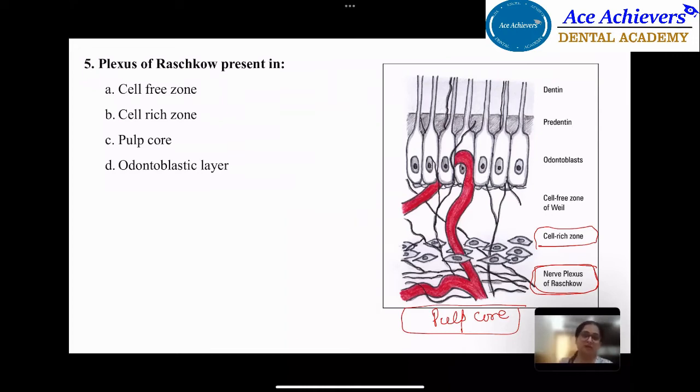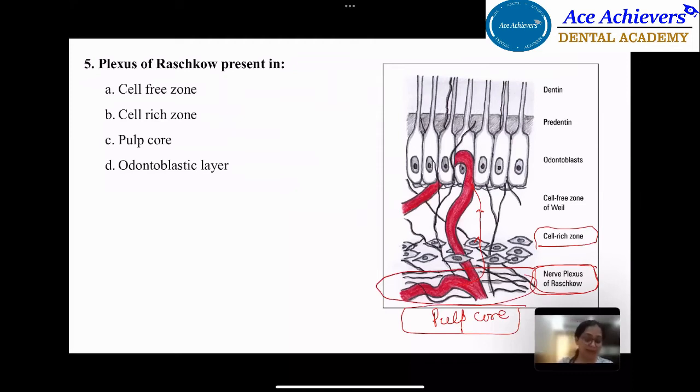As these nerves move from the plexus of Rashkow towards the cell-rich zone, then to the cell-free zone and to the odontoblasts, they become unmyelinated. Till the time they are in the plexus region, they are myelinated. I hope this is clear to you all.